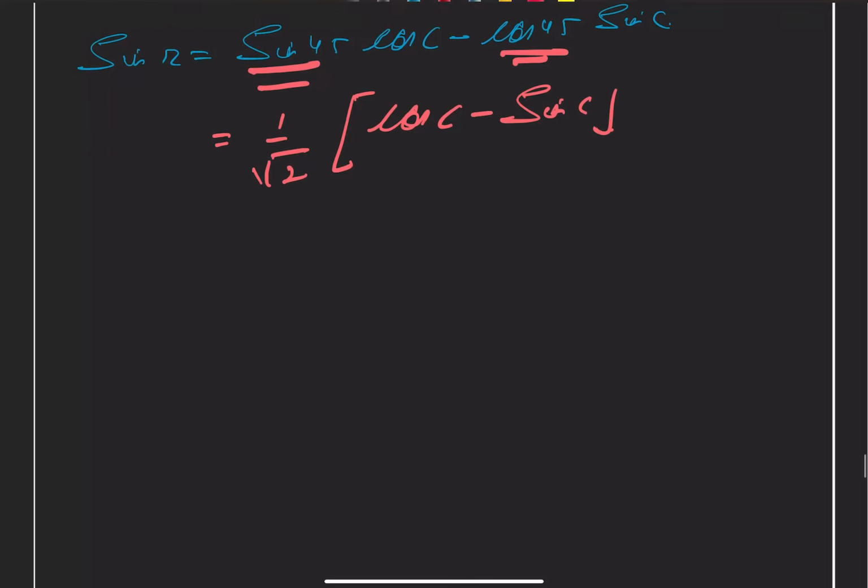So we can find out cos of C. We can write cos of C will be equal to the square root of 1 minus sine square C, giving us the square root of 1 minus N1 square upon N square.